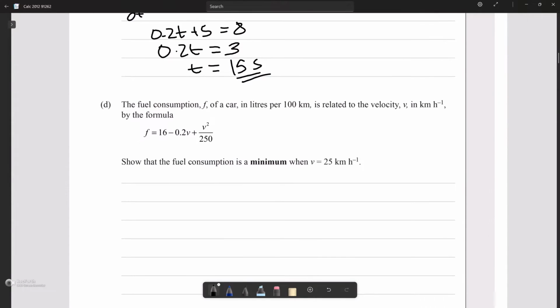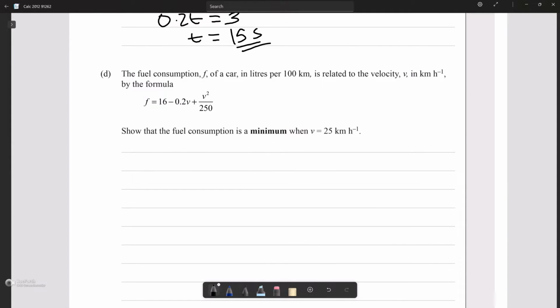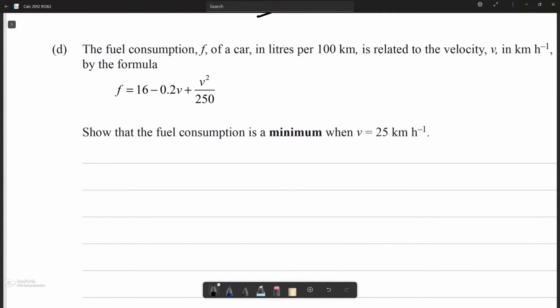And the fuel consumption F of a car in liters per 100 kilometers is related to the velocity by the formula. Show that the fuel consumption is a minimum when v equals 25. So since we're finding minimums, we're going to first differentiate and then let it equal 0.